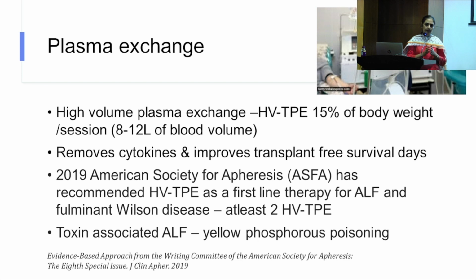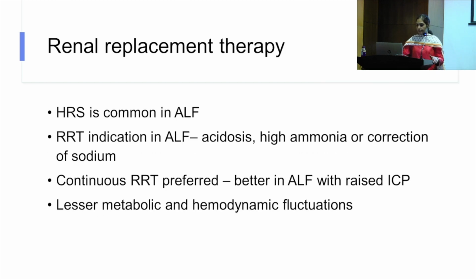And we have seen in our experience from our center, early institution of plasma exchange, especially with yellow phosphorus poisoning, has been found to avoid the need for transplant. So this is probably one of the other modalities that you may need to consider.